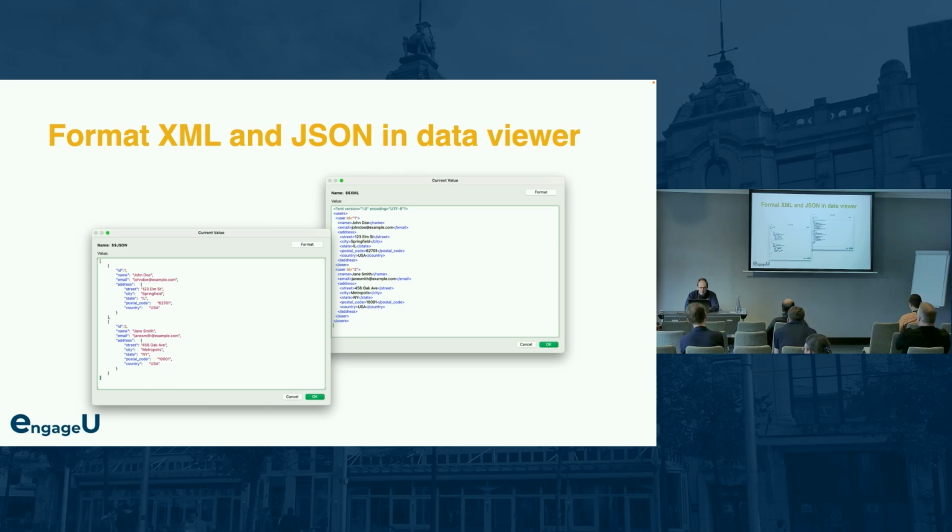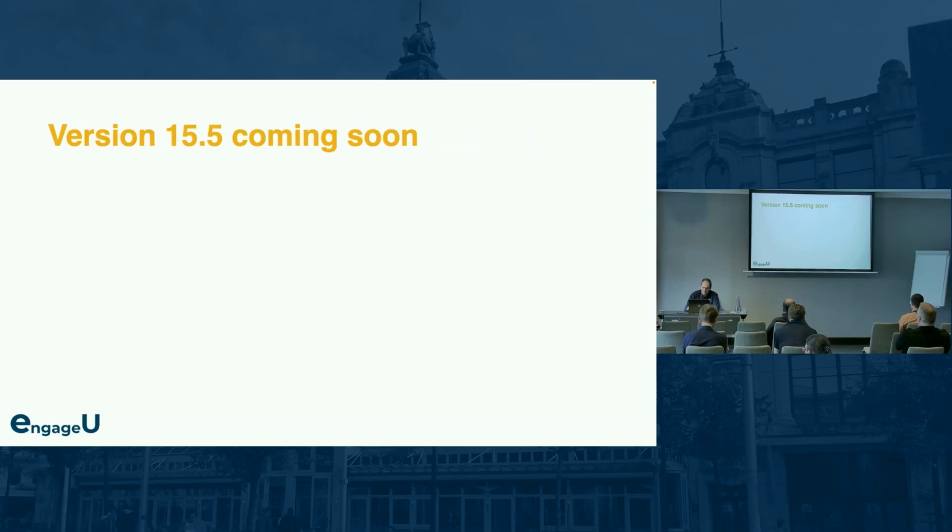And this is so popular that I got several requests to make it automatically formatted. So with next plugin version, we have a switch, so you can decide if it's off, on, or automatic. And you can decide whether you want to save the formatted by clicking OK, or keep the old one with clicking Cancel. So version 15.5 is coming soon, maybe next week.